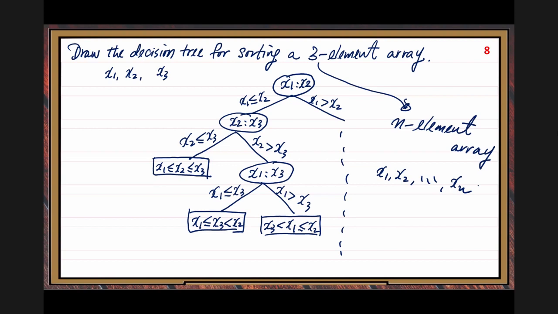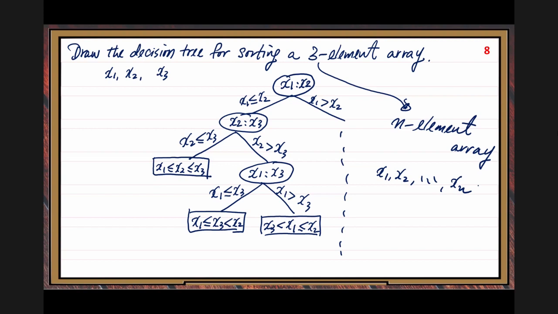Think about that. Yes, the answer is there must be a decision tree corresponding to any sorting algorithm. To save time, I do not write this out. So there must be a decision tree for any comparison-based sort with n elements. That's our first step.